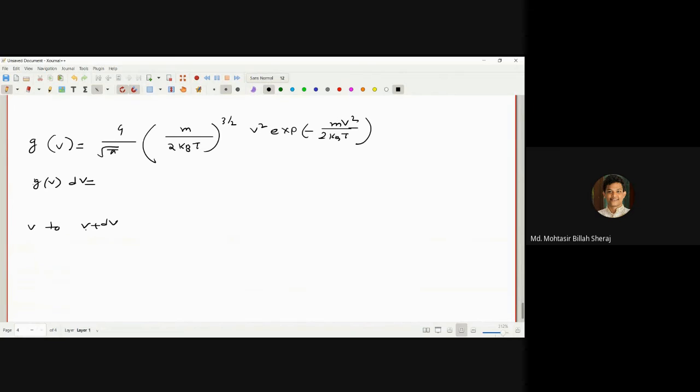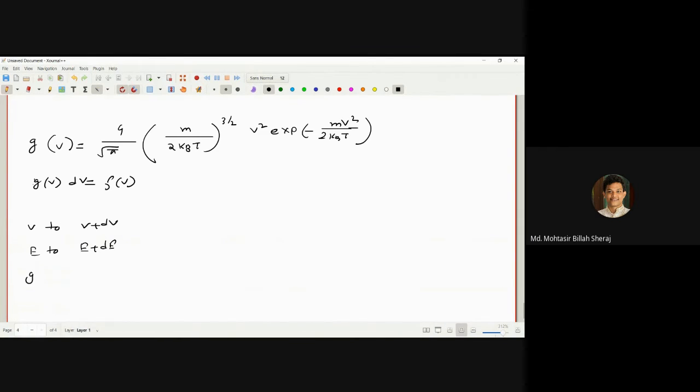Now since the energy is only translational kinetic energy, and it depends on the velocity only, g(v) dv equals the number of molecules within the speed range v to v plus dv, and the number of molecules within the energy range E to E plus dE should be the same.